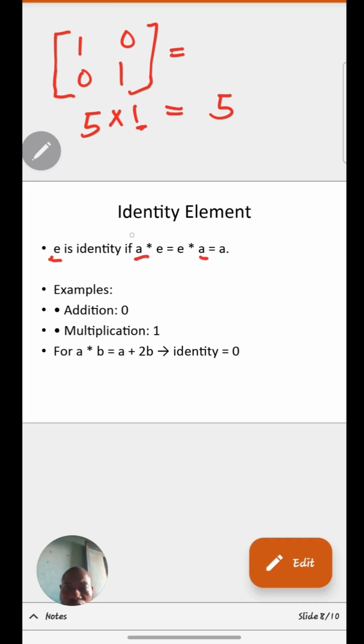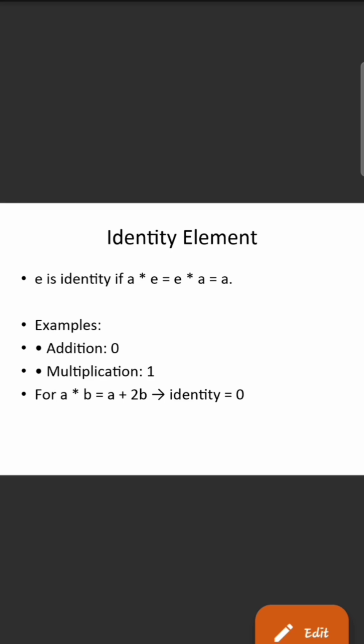For example, 0 is the identity for addition. If you add 0 to 5, 5 plus 0 still gives you 5, and 0 plus 5 will still give you 5. So 0 is the identity element for addition.